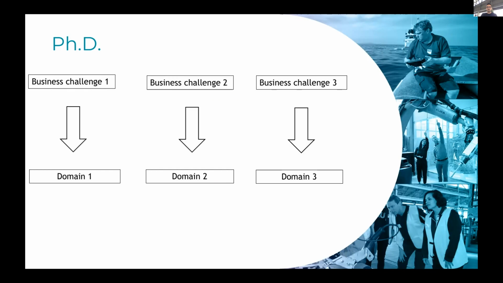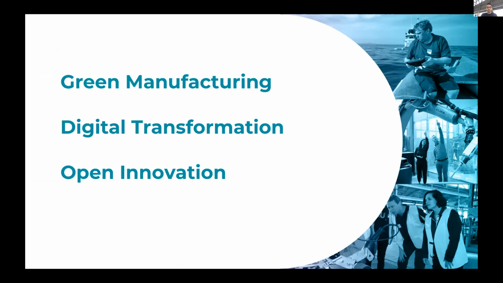In my research, we also found three domains to help companies see how they can meet these challenges. But what if it's possible to find or create a new domain based on these three domains, to see if with just one domain we can meet all three challenges?